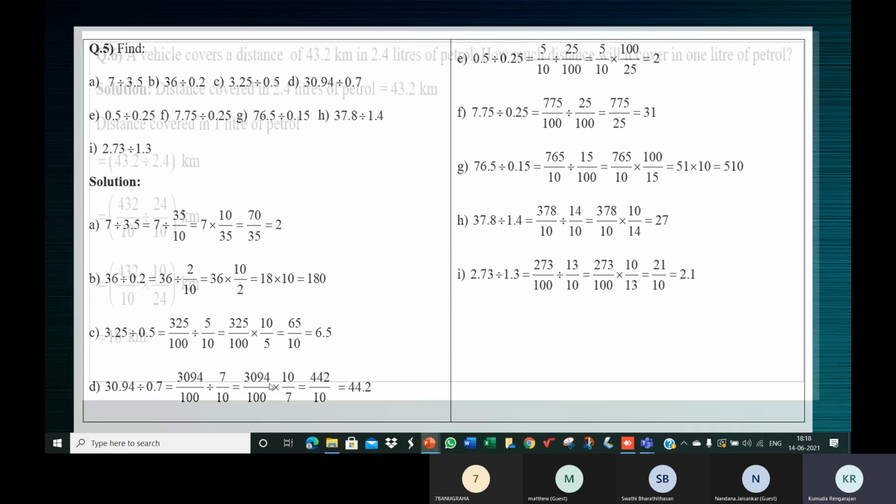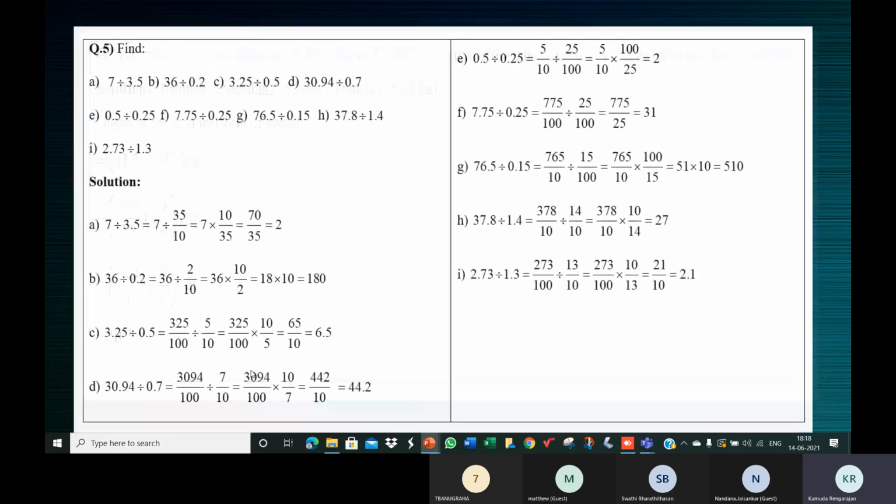Cancel the 7 and 3094. You have to take one number from the numerator and one from the denominator. Cancel the zeros.